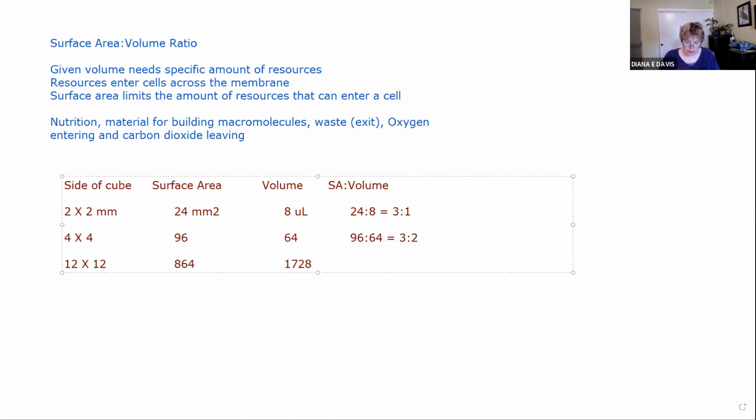And right away, you should notice now the volume is a lot more than the surface area. It's a much bigger number. So we're going to start having problems getting material across that surface to supply that much volume.